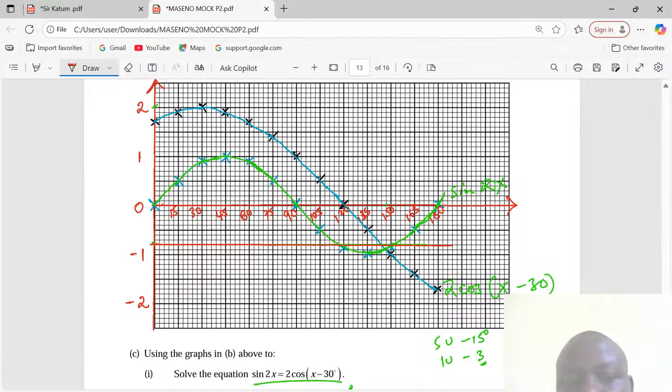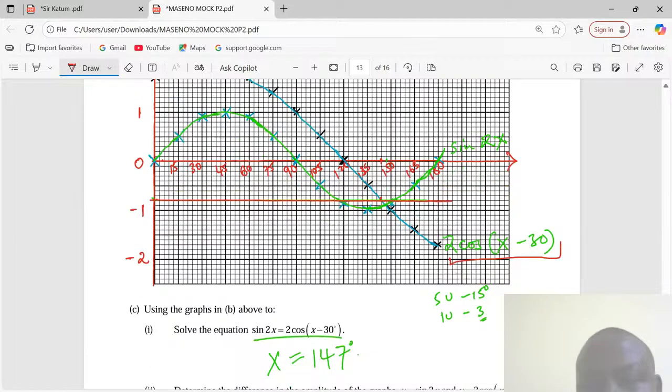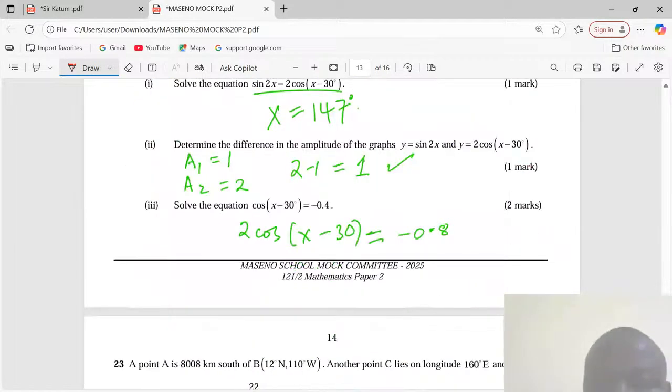Then we check the function of our interest, this one. So we read the value here now. x equals 144. That is it.